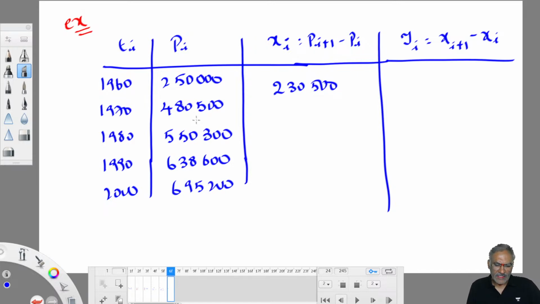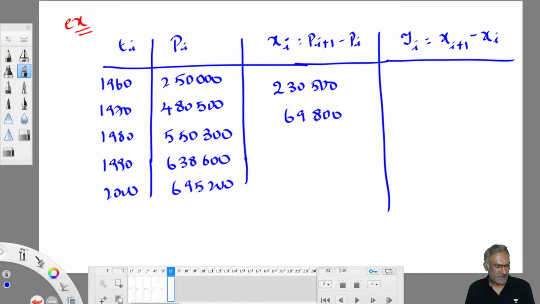5,50,300 minus 4,80,500. You also try, all should try. You should not be a mere spectator. If you just copy down the information, it is of no use.